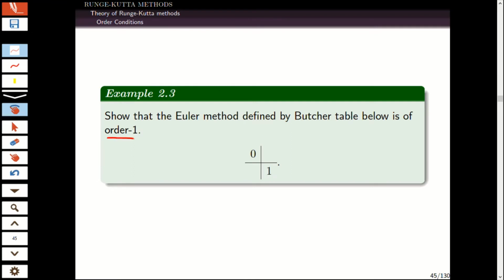How can I show the Euler method is order 1? So what you do here: b transpose e equals 1, where e is the vector of elements of 1. Okay, b transpose here is 1. So we have 1 equals 1. So we can say that the method is order 1.